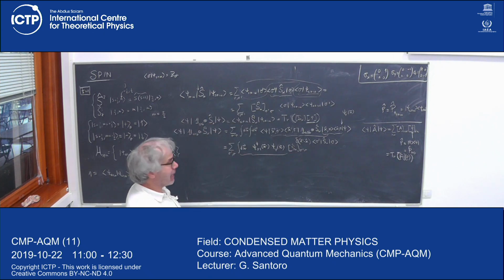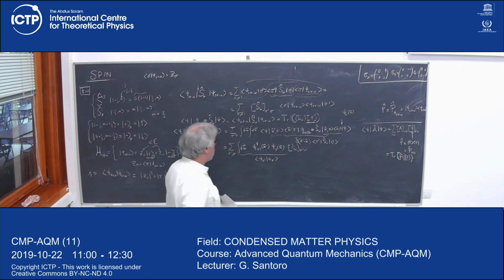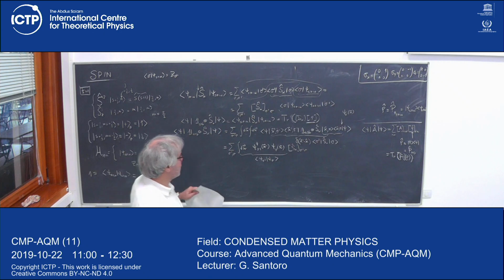You can view it as a scalar product, right? So this is the scalar product of psi sigma prime with psi sigma. Okay, now we have it.